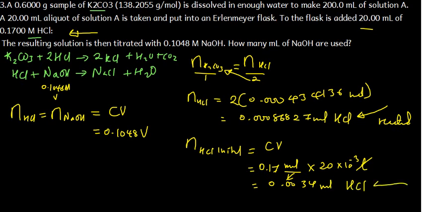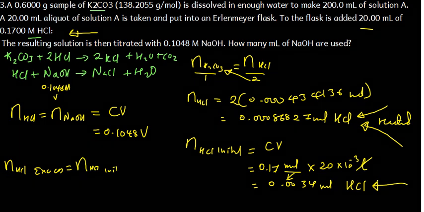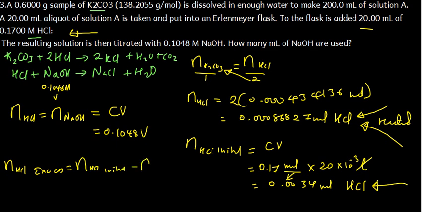Now these were the moles initially, and these are the moles which reacted in the first reaction. So if we subtract these two, that will give us the number of moles which remained to react in the second reaction. The number of moles of hydrochloric acid in excess, the one which is going to remain, will be equal to the number of moles of hydrochloric acid initially minus the number of moles that reacted in the first reaction.